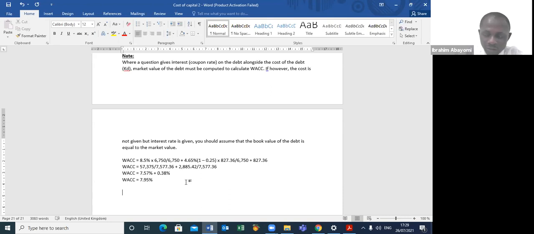And the question is considering a scheme where the company will be redeeming the existing loan, which is 400 million, and replacing it with 2,400 million of that same debt.